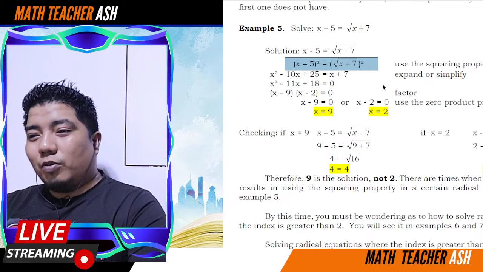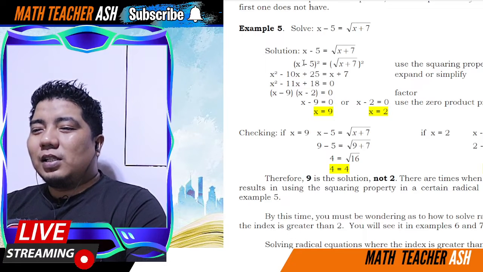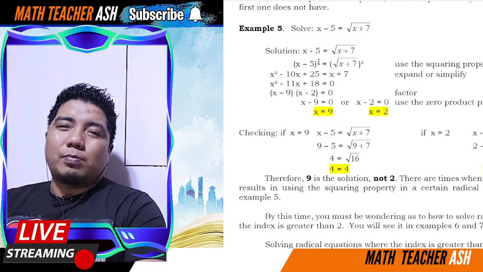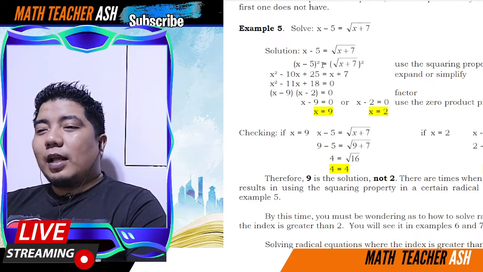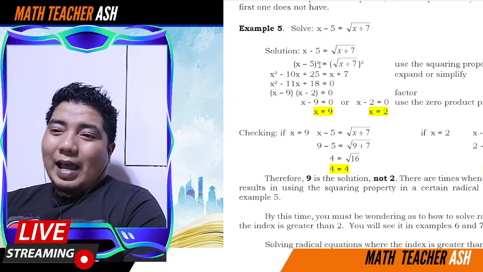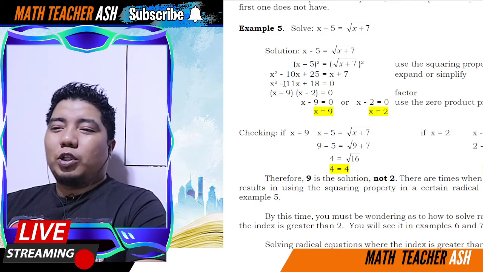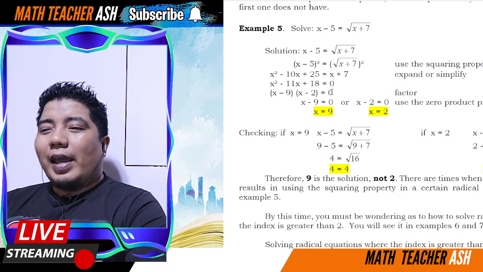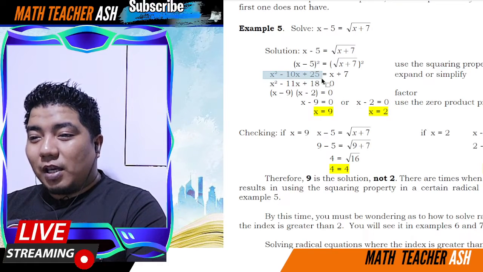Masusquared yun, times 2 yung degree niya. Since this is x minus 5, that will become x minus 5 times x minus 5. Applying the FOIL method, that will give you a trinomial. So it will be x squared minus 10x plus 25. Ito na yun ang magiging sagot.